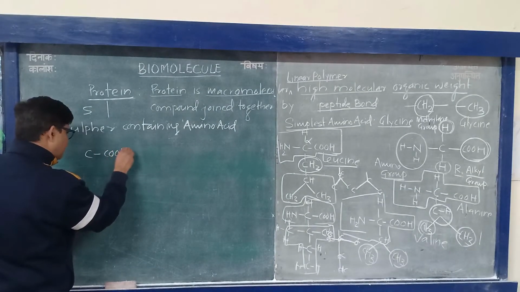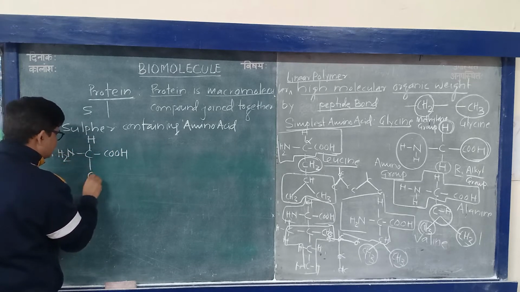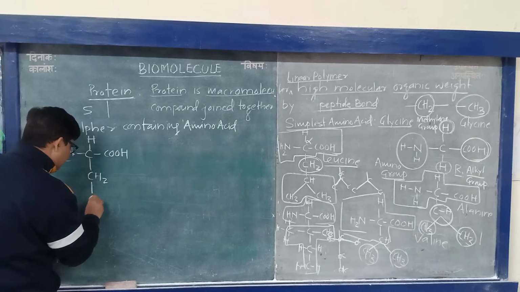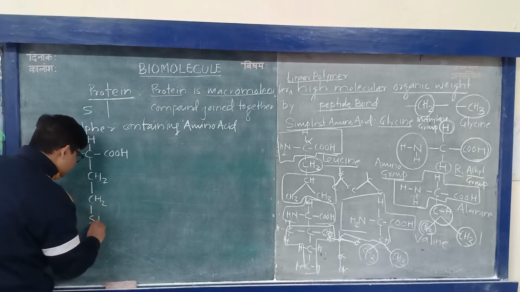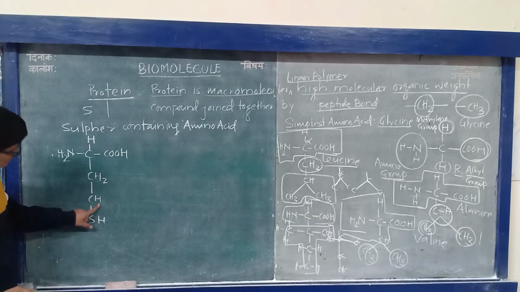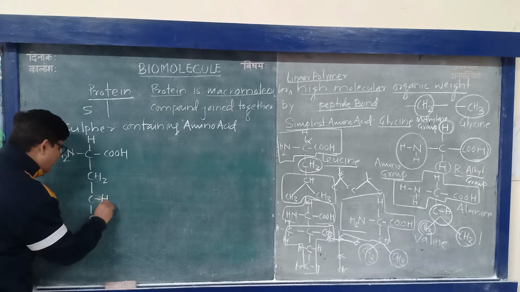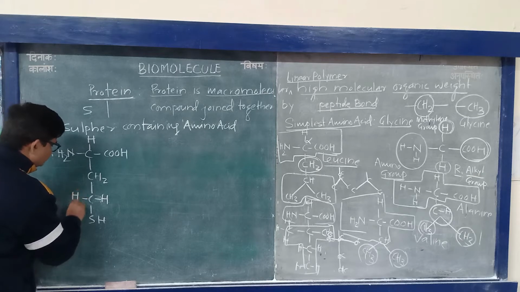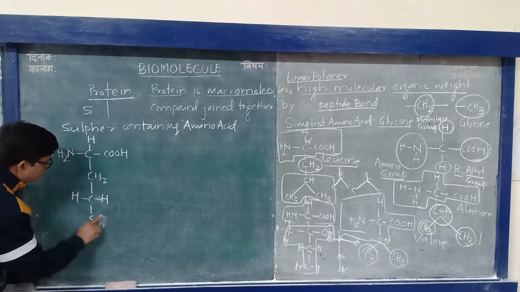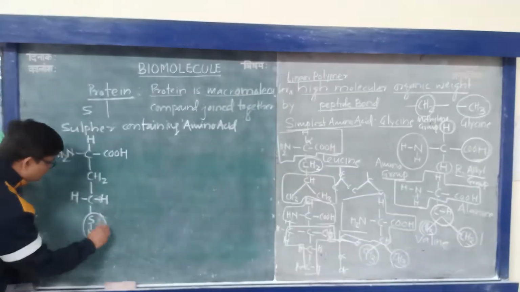This is H and this is H and this is NH2 and there is CH2 and then again CH2 and then SH. Okay, so why am I removing those two hydrogens? Because if you add this, you have to add this hydrogen, and then you can draw like this one or this one. Okay.